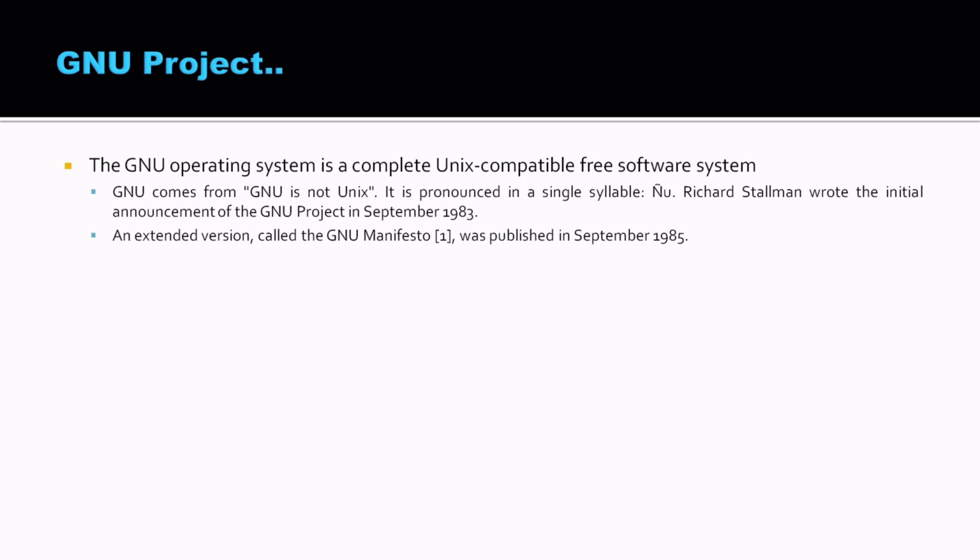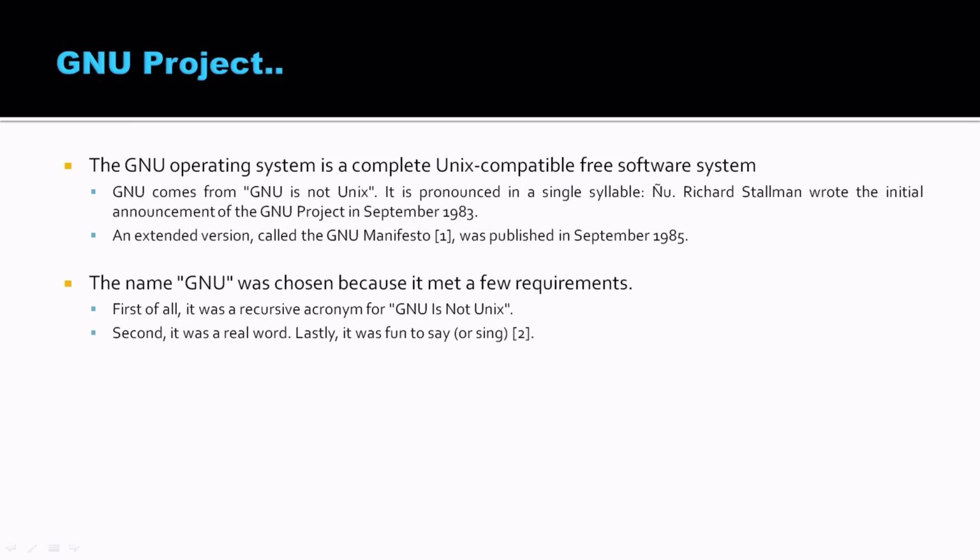The term GNU comes from "GNU's Not Unix." It is pronounced in a single syllable, "gnoo." Richard Stallman wrote the initial announcement of the GNU project in September 1983. An extended version called the GNU Manifesto was published in September 1985.